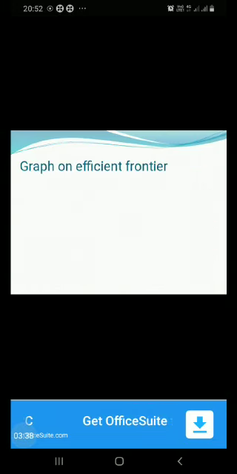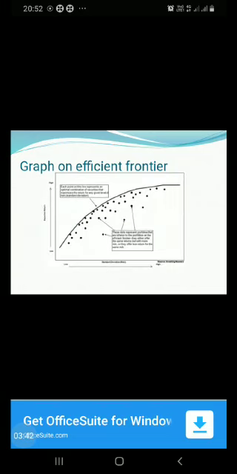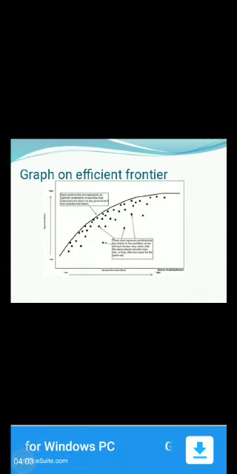Now we have the graph on efficient frontier. This is the graph which has been depicted clearly on the slide. Here on the top box, each point on this line represents an optimal combination of securities that maximizes the return for any given level of risk.